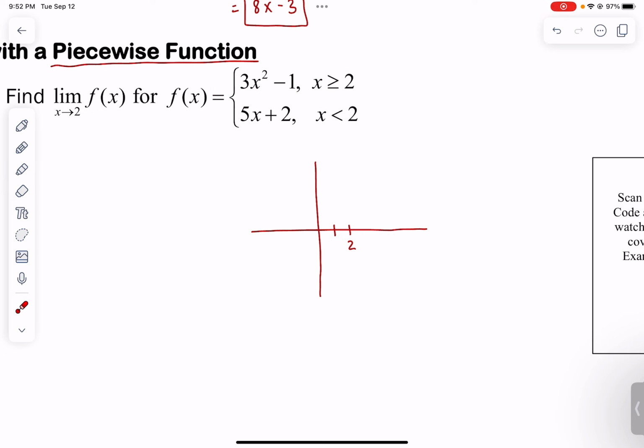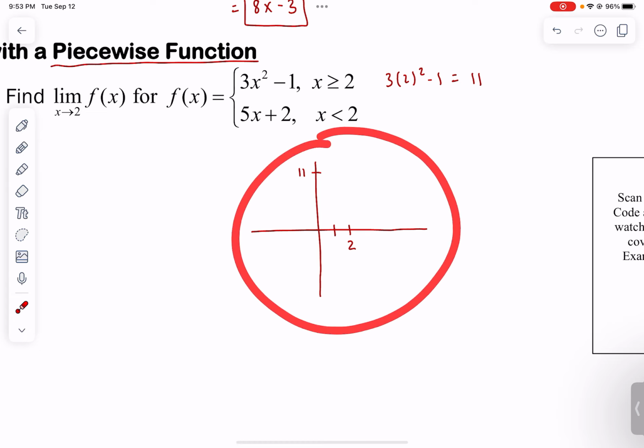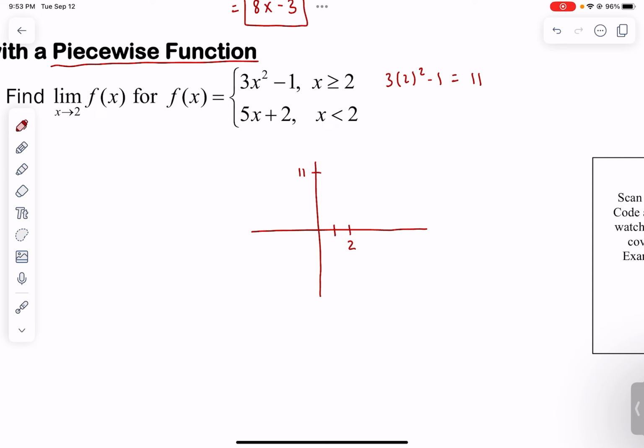So I'm going to plug in this 2 into this quadratic. You should get 2 squared minus 1, which should equal 11. So at x equals 2, we're at a y value of 11. Once again, this is not to scale, and it doesn't have to be for this problem, and you'll see why.